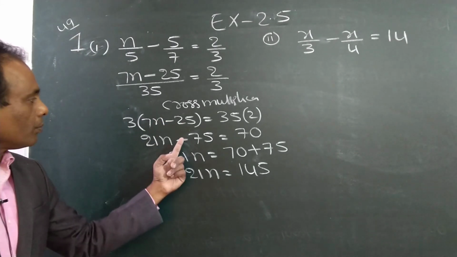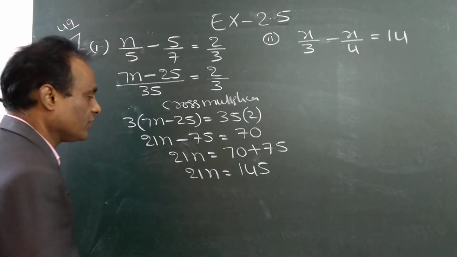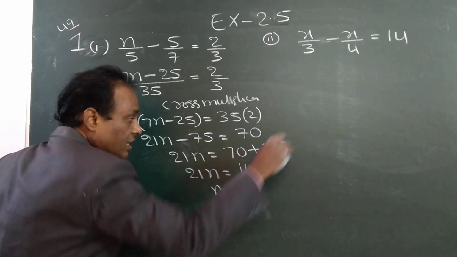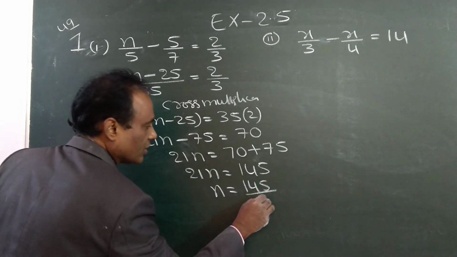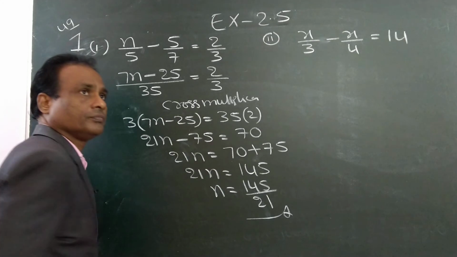This is minus. Minus 75 that side becomes plus 75. 70 plus 75 is 145. Here it is multiplication, so it will become divide. 145 by 21. No cancellation, so this is the answer. That's all.